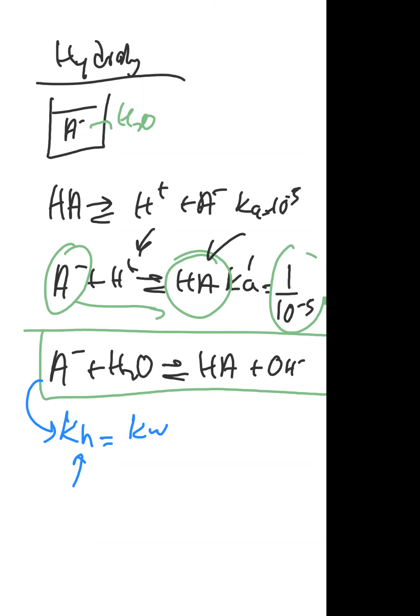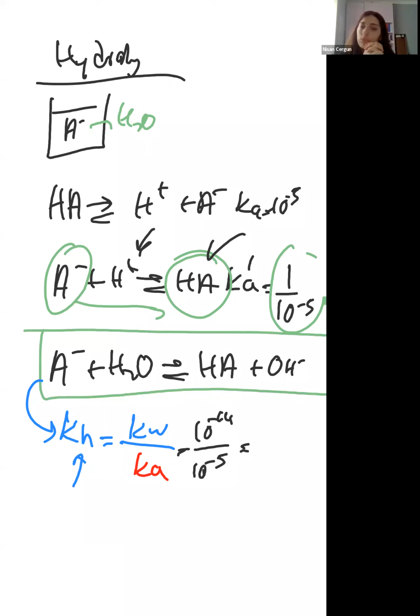We have the normal K water, but we have the reverse of the weak acid equilibrium. And this calculation is going to yield the KH value for this hydrolysis of A minus, which is simply 10 to minus 14 divided by 10 to minus 5. The product should be divided by reactants.